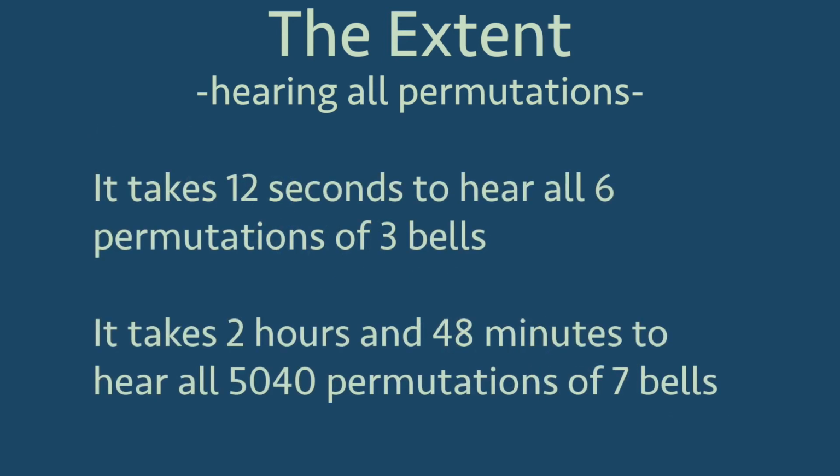Since each bell can be rung every 2 seconds, it only takes 12 seconds to hear the extent of all 6 permutations. But as the number of bells increases, the number of permutations really grows due to the nature of the factorial. For a church with 7 bells, there are 7 factorial or 5040 permutations, which would require 2 hours and 48 minutes to hear the full extent.